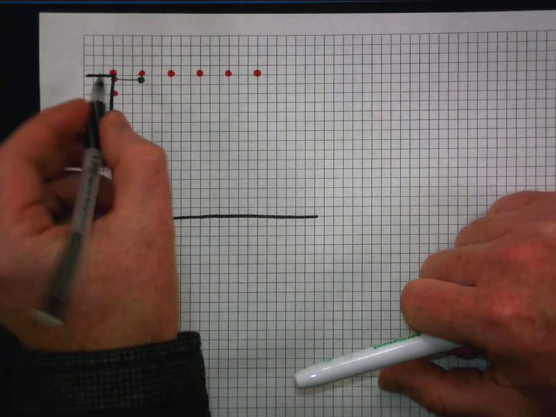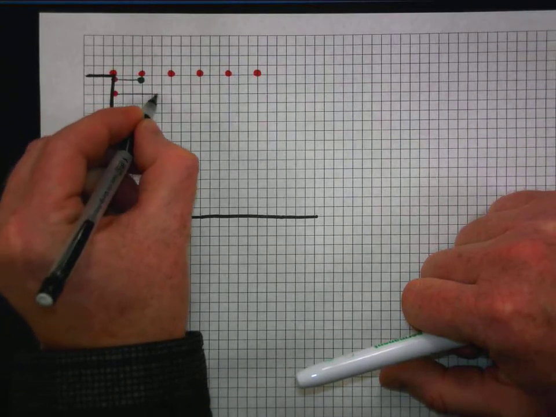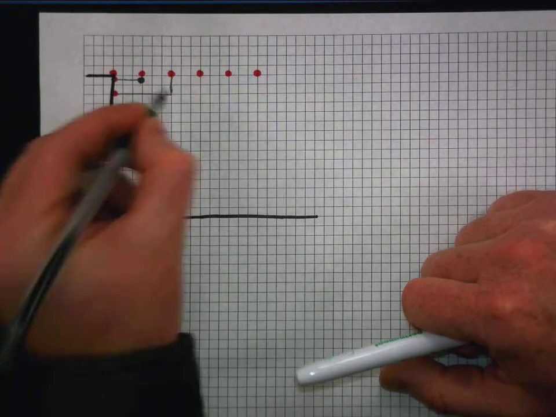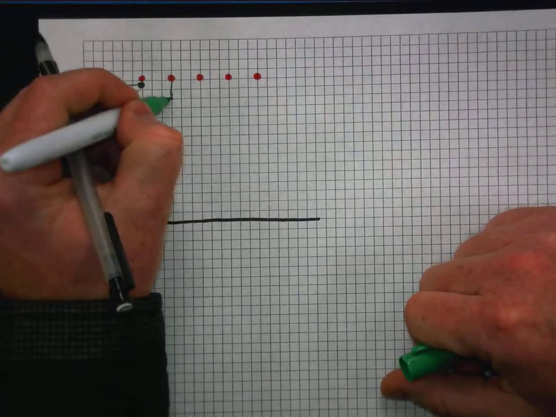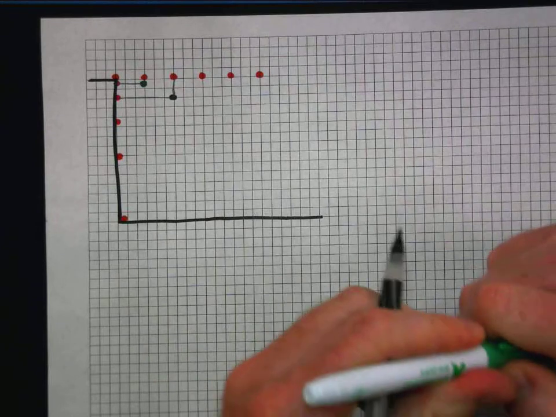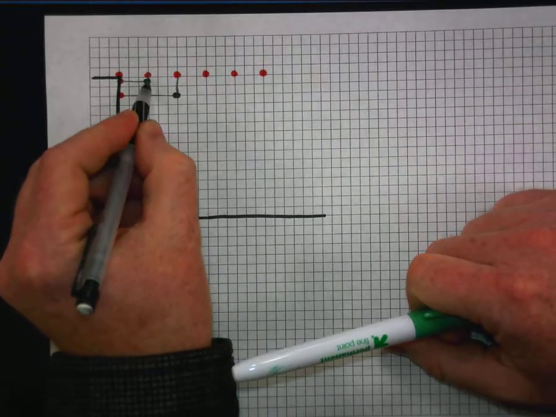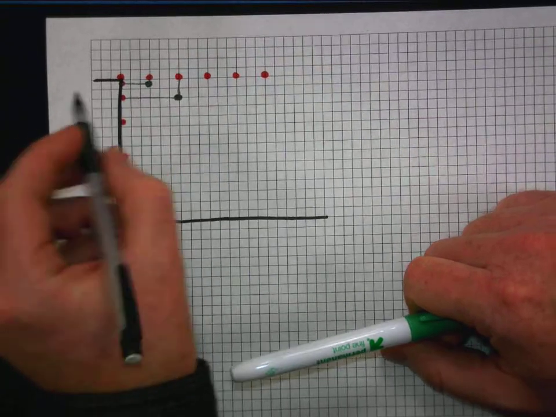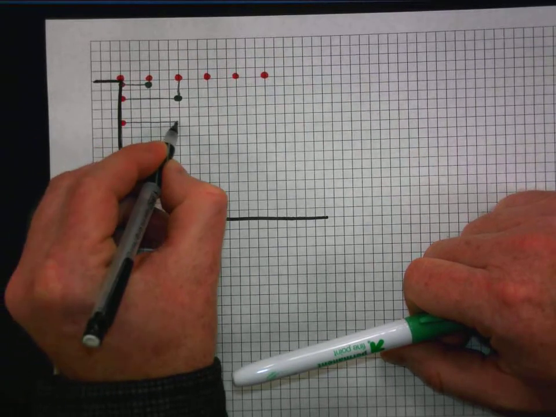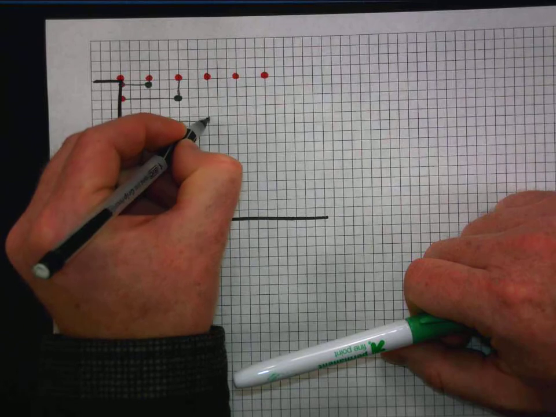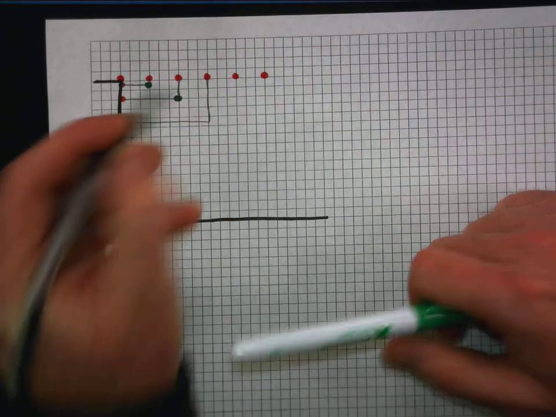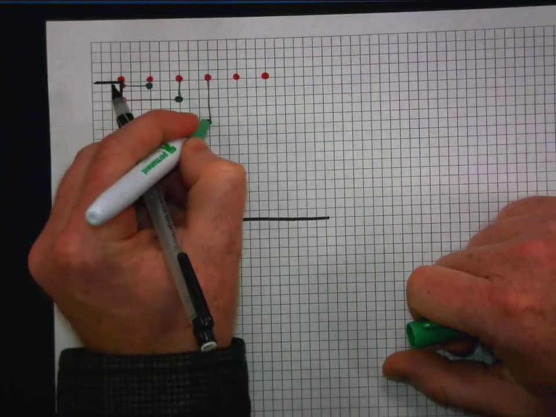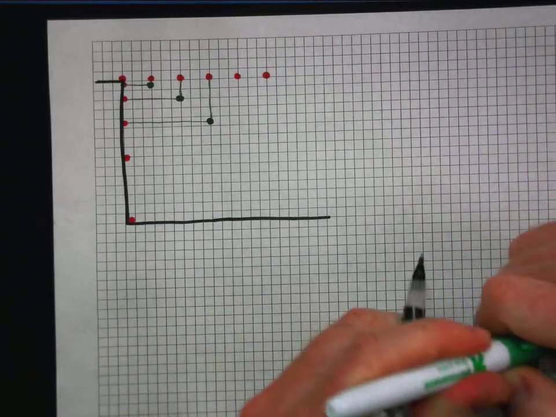In 2 seconds, we're going to see the ball be here. Now you'll notice it's gone the same distance horizontally, but it's gone a little bit more vertically. In 3 seconds, it's going to end up here. And 4 seconds.